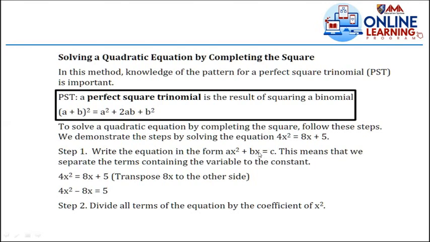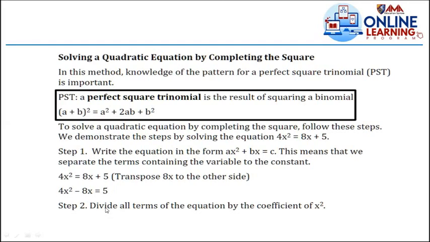Dati yung constant nandito, no? Pero ngayon nandito siya. This means that we separate the terms containing the variable from the constant. So lahat ng variable natin nasa left side, constant na siya sa right side. So we have 4x squared, transpose 8x to the other side. So we have 4x squared minus 8x is equal to 5.